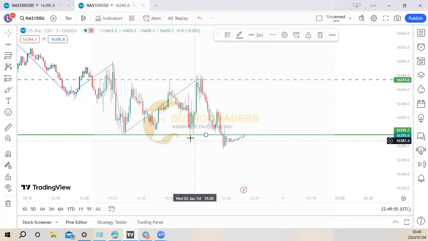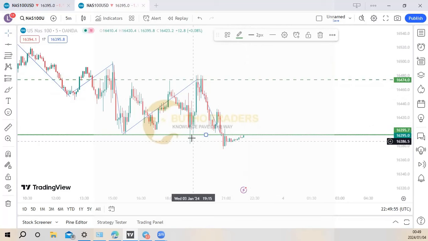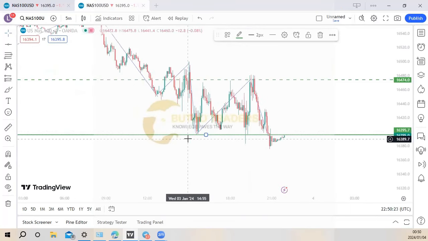Liquidity meaning there were a lot of sellers coming in trying to force the market to go down, but eventually buyers became more. So in this type of situation where we have some liquidity, these candles are meant to clear this liquidity. So we have our old school analysis that we have, guys.